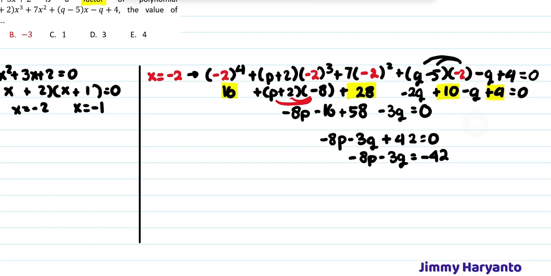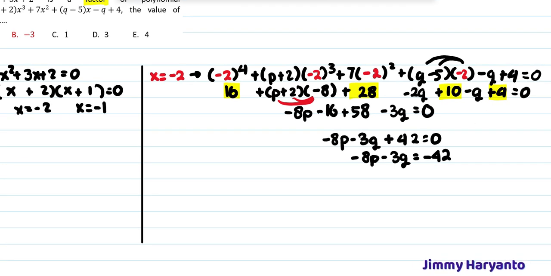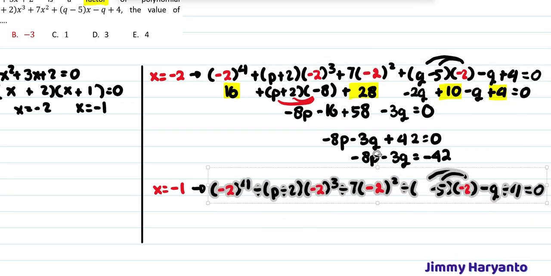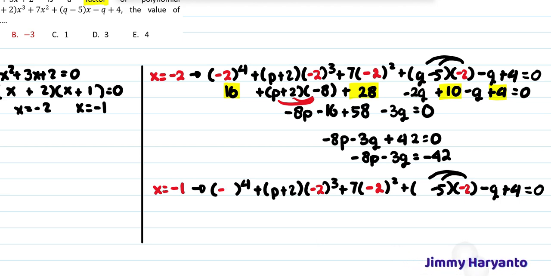Next is x equals negative 1. That means the same thing, but x equals negative 1. This one is negative 1, negative 1, negative 1, negative 1, and this one is q.